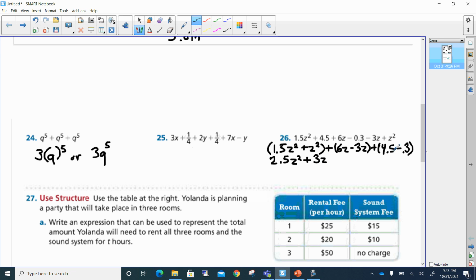And then we have 4.5 minus, I believe this was minus 0.3. So that's going to give us 4.2. And I believe that's it. I can't combine these because they're not like terms.